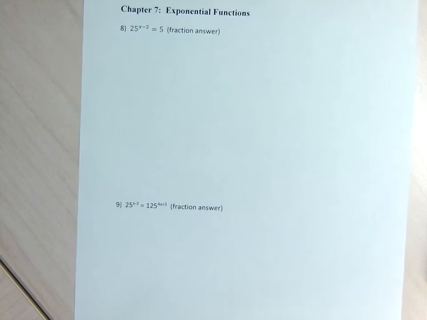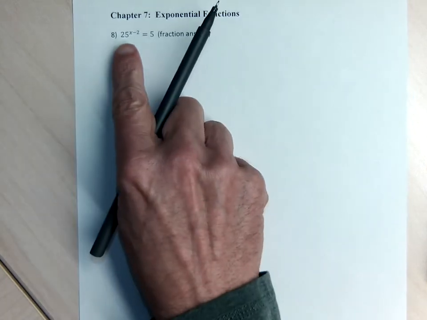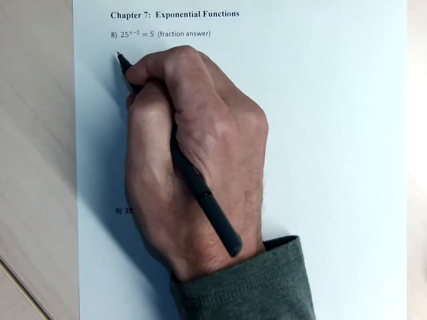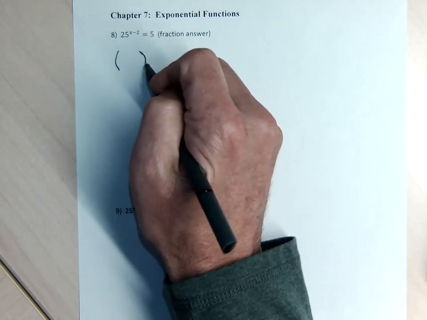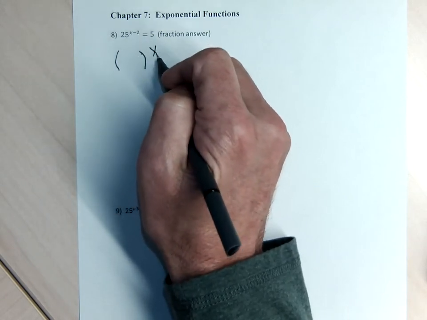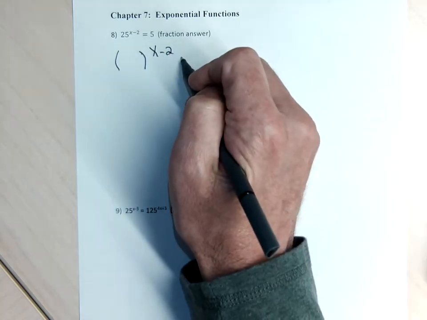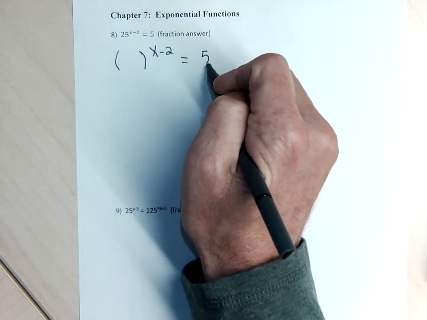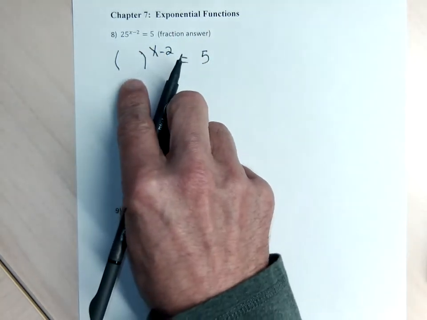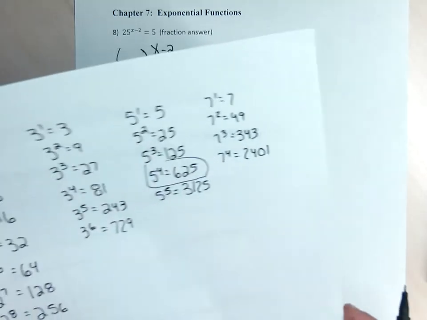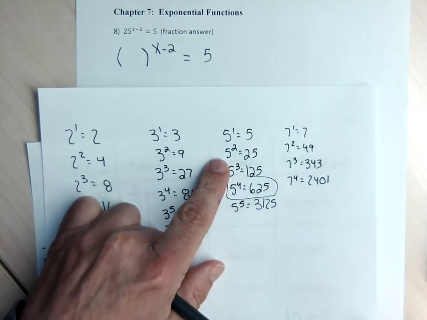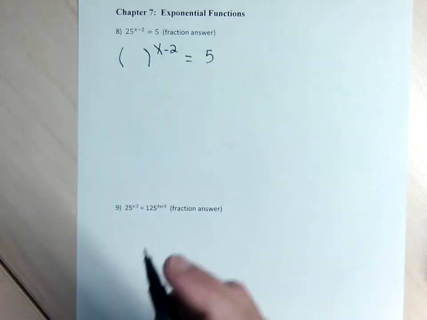The next couple, I have to do a prime factoring for a number that already has an exponent, and when you do that, you have to introduce a parentheses and then do the prime factoring. So for number 8, the prime factoring for 25 is 5 squared.